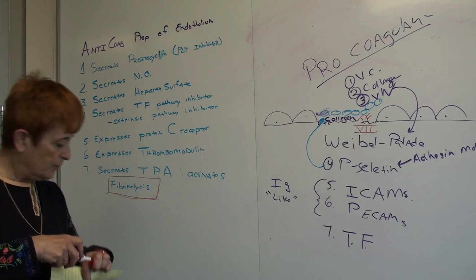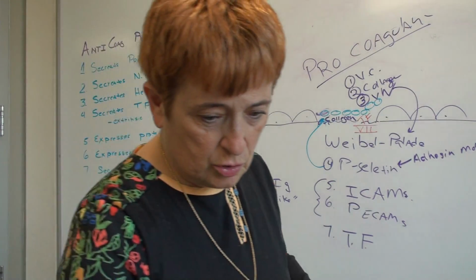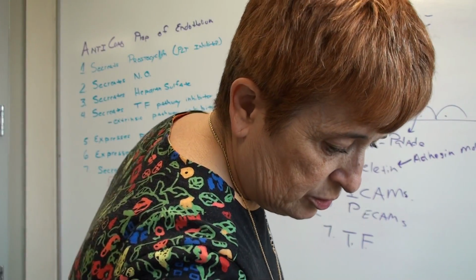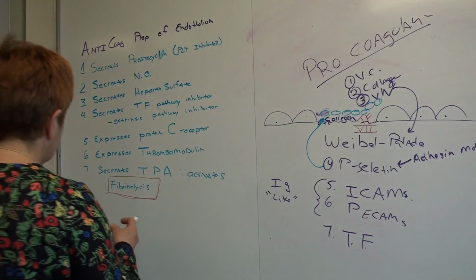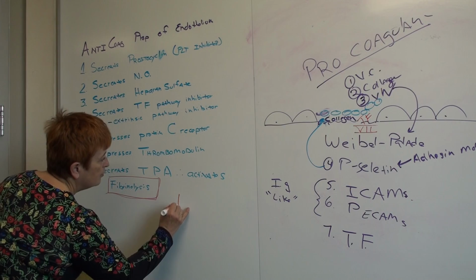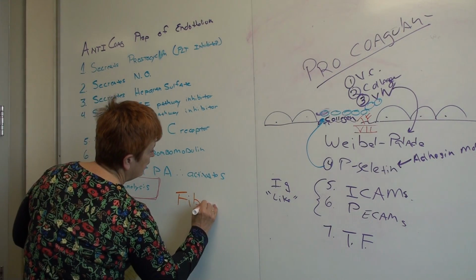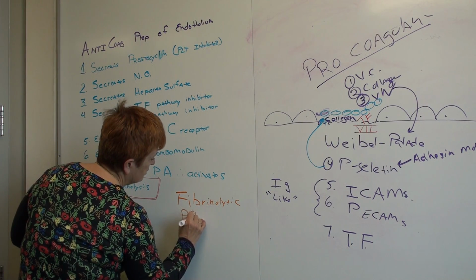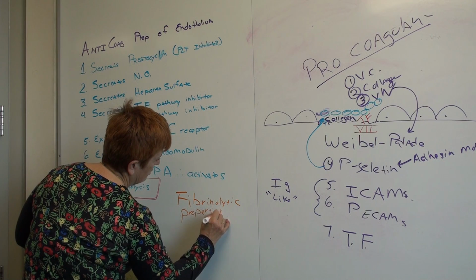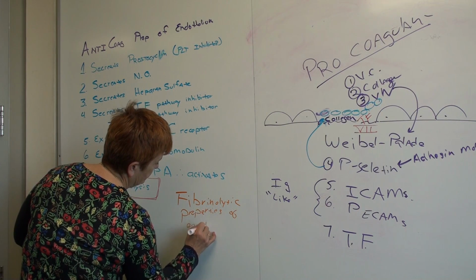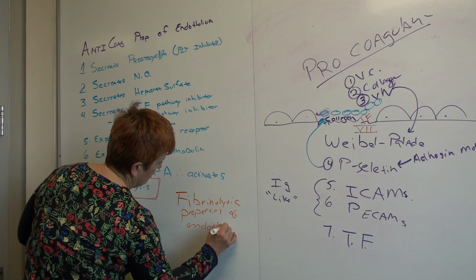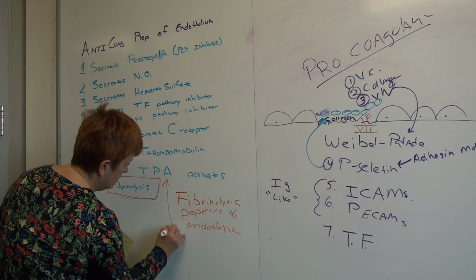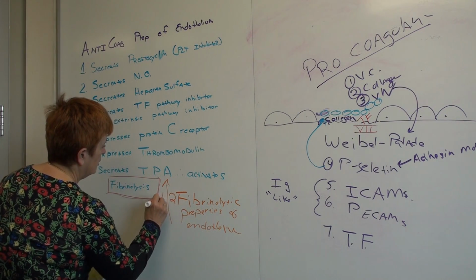So over here, what I am going to do is use this. Oh, that's already blue. I'll use orange, I guess. And then I'm going to put in here fibrinolytic properties of endothelium. And it's that one, and there are two. That's number one.